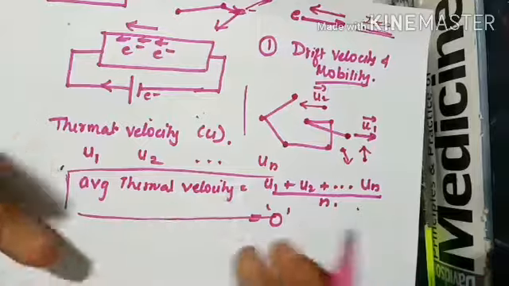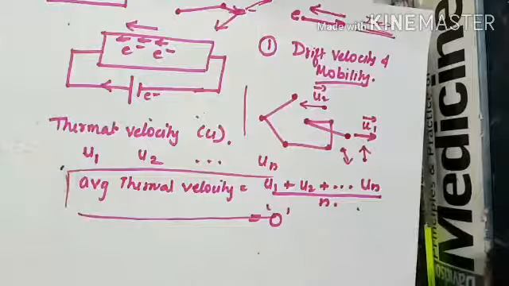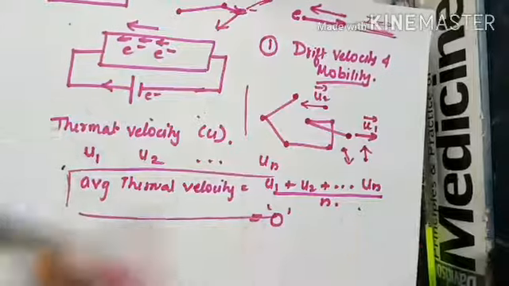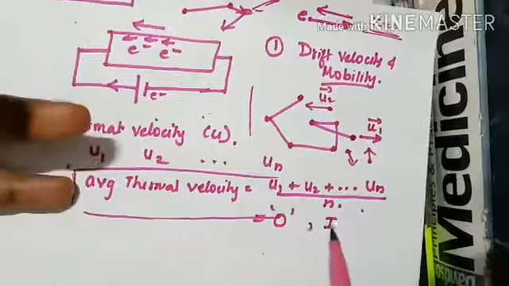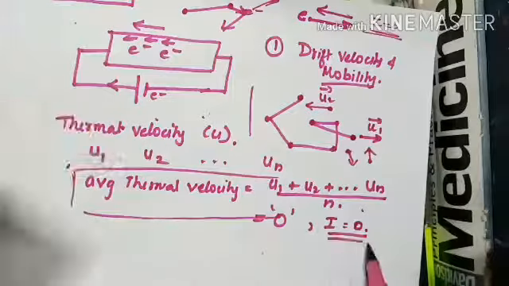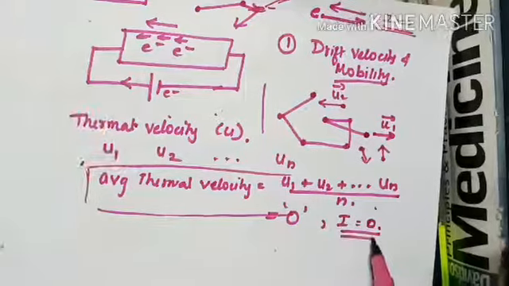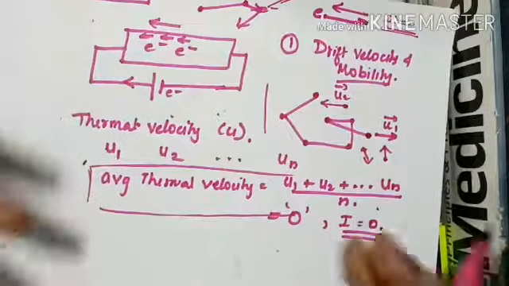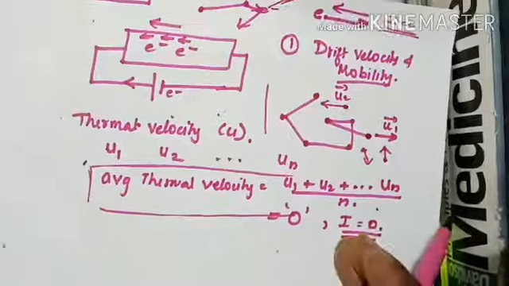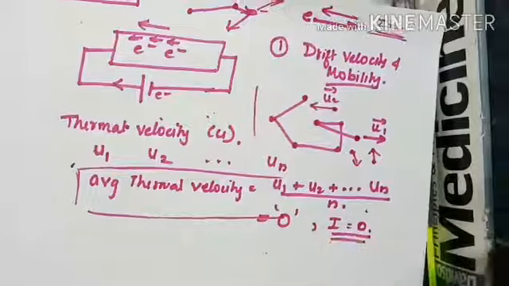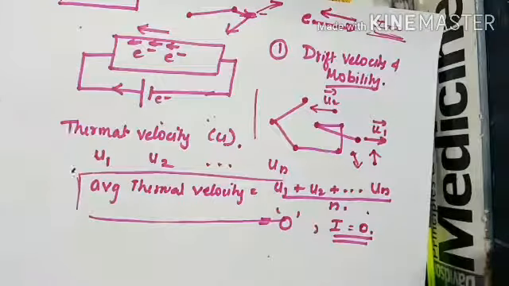So that means when there is no net velocity, there is no movement of charge. When movement of charge is 0, obviously then current is equal to 0. That's why we told initially that when there is no external electric field, no current flows in a conductor. Clear? Now we'll move to the next part of the derivation.